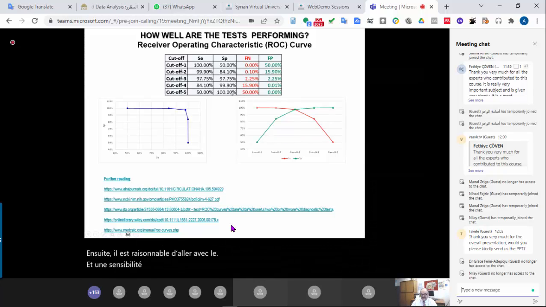So with a test like this one here, 99.9% specificity, 84% sensitivity.